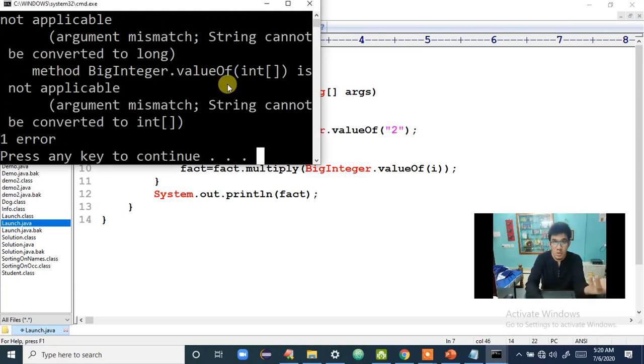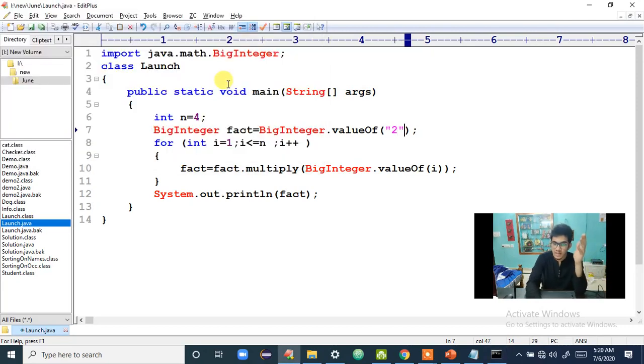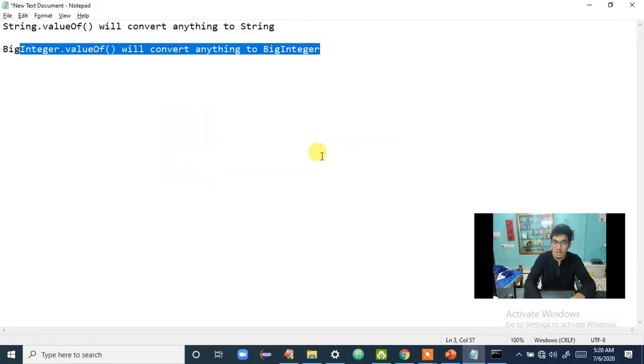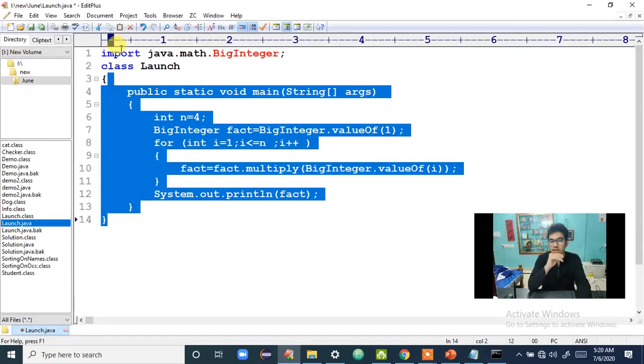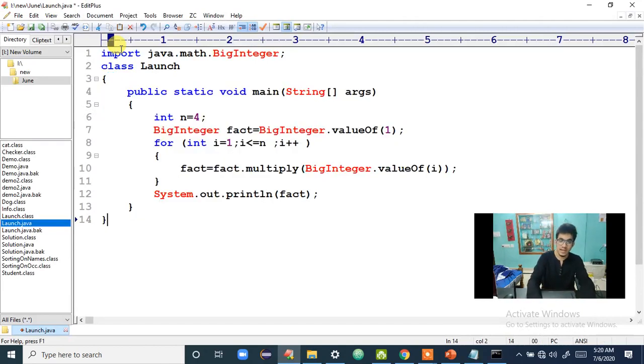It is also no. Which means it is very clear it can only convert integer to BigInteger. BigInteger.valueOf will convert only integer to BigInteger. I want this to be very clear for you.